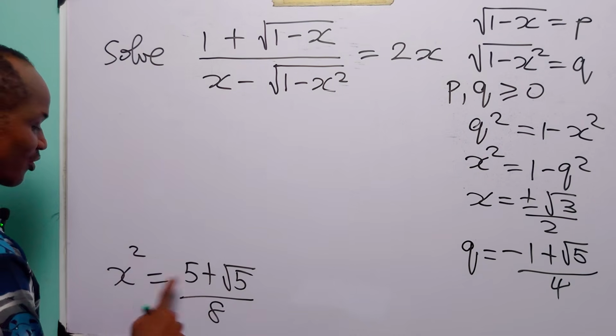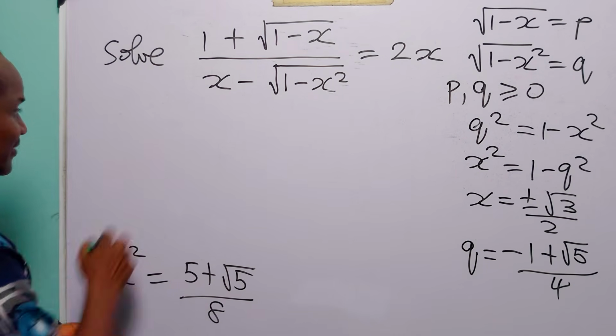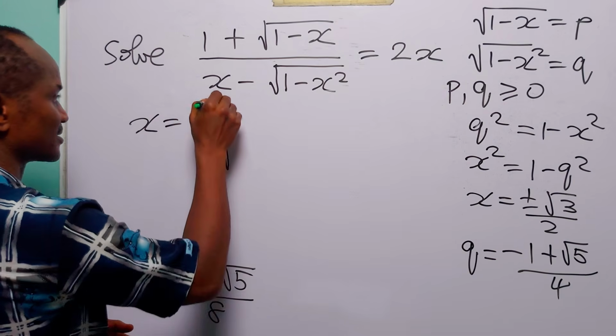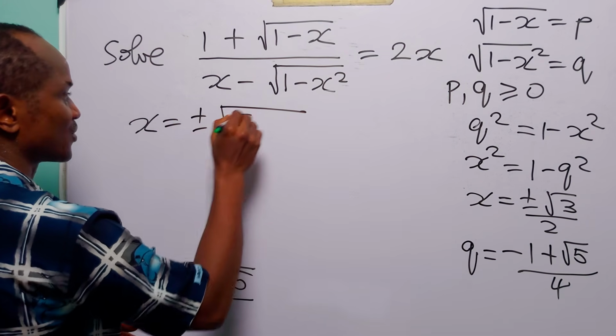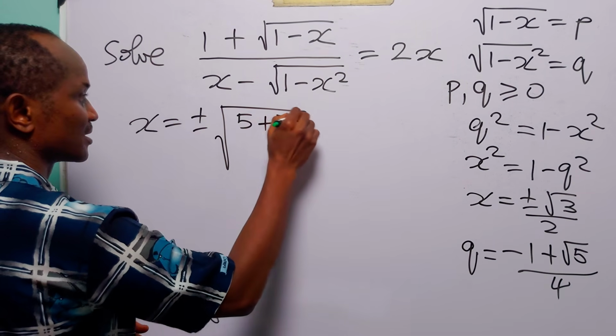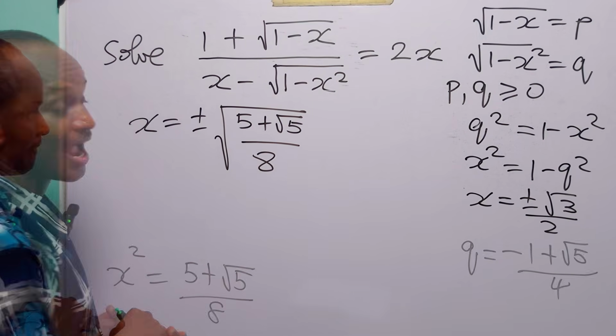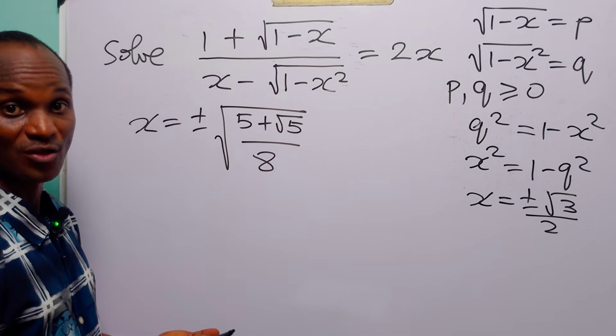And taking square root of both sides of this equation, we have that x is equal to plus or minus the square root of 5 plus root 5 over 8. And finally, we have 4 values of x.